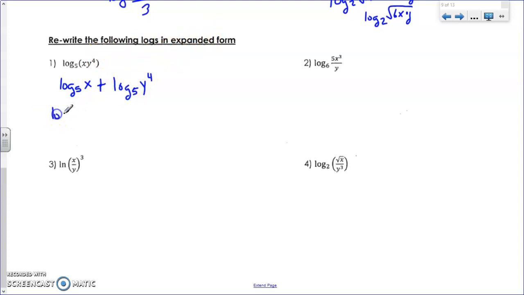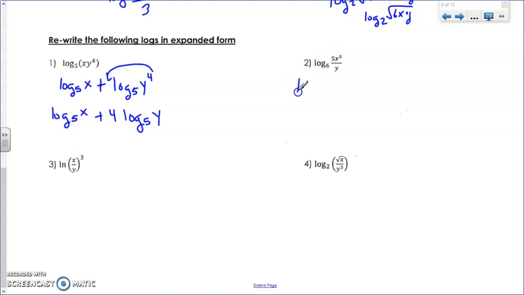So we're going to leave this first one alone. This 4 is going to go to the front of the log. And now we ask ourselves, no multiplying, no dividing, no exponents. Check. It's totally expanded.